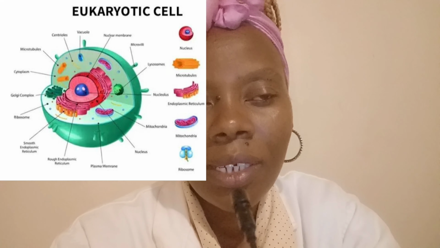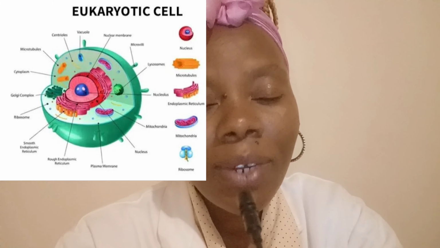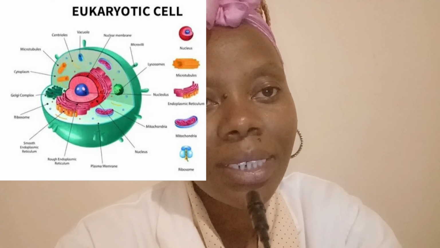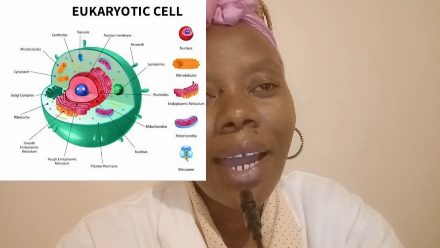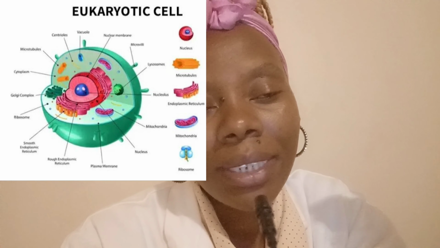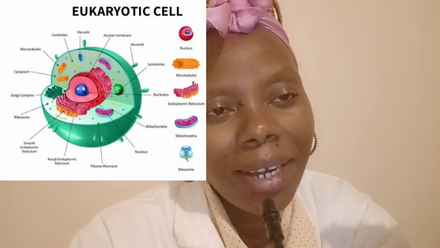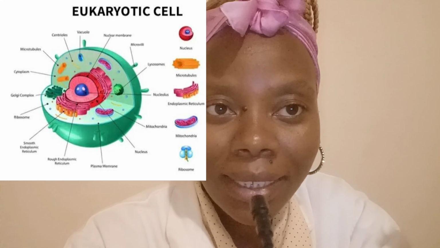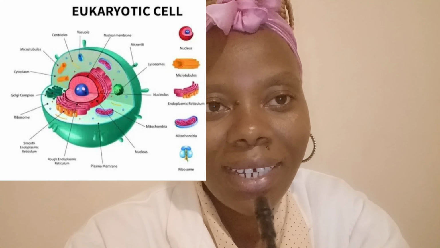All right. I'm going to give you a list of organelles that are present in an animal cell and absent in a plant cell, and vice versa.